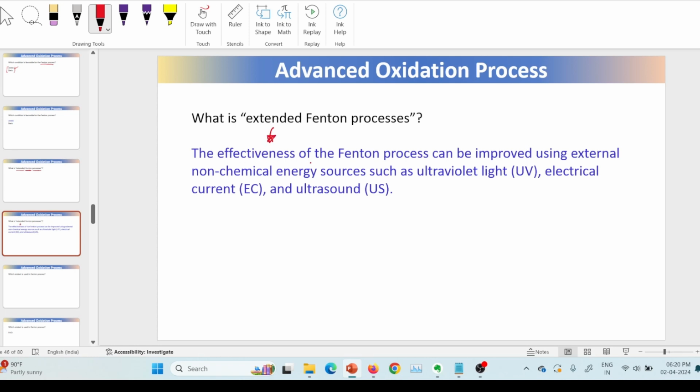The effectiveness of the Fenton process can be improved using external non-chemical energy sources such as ultraviolet light, electrical current, and ultrasound.